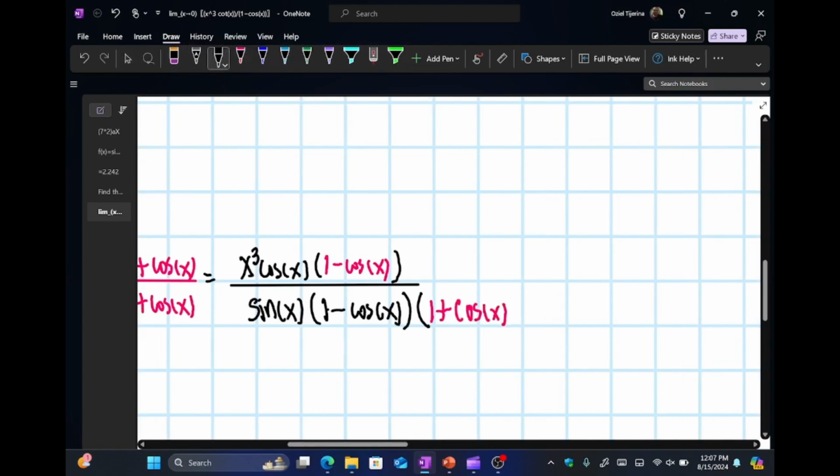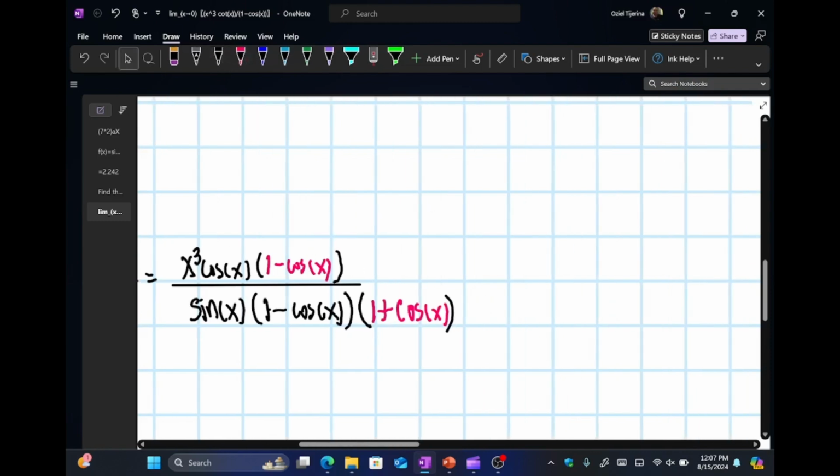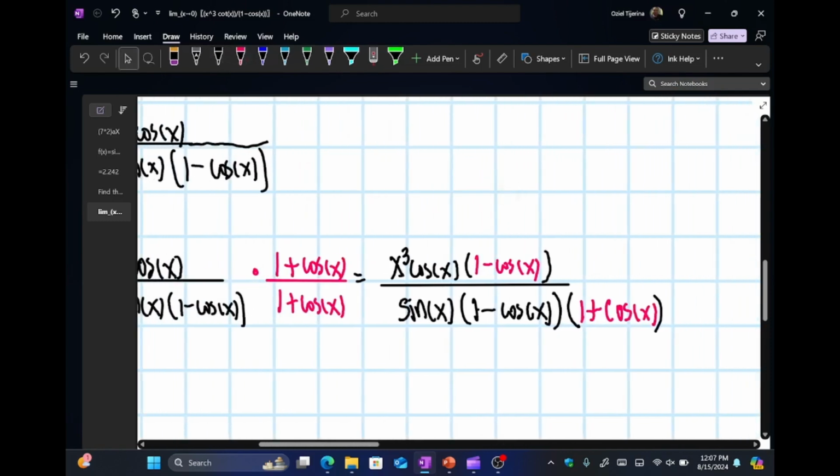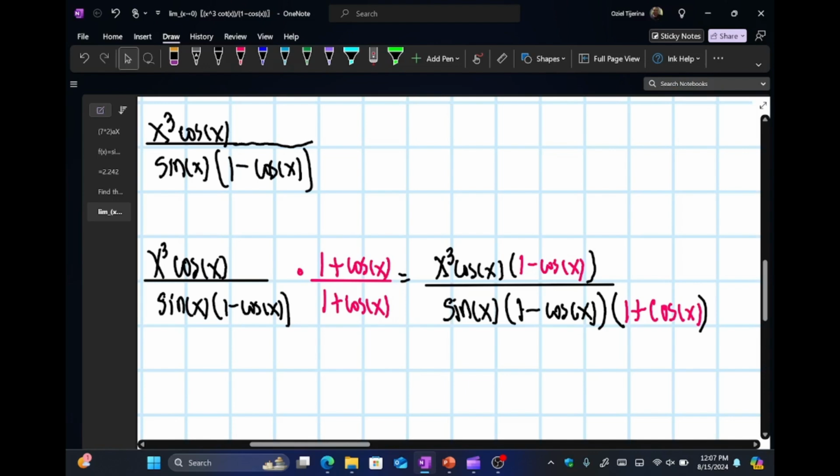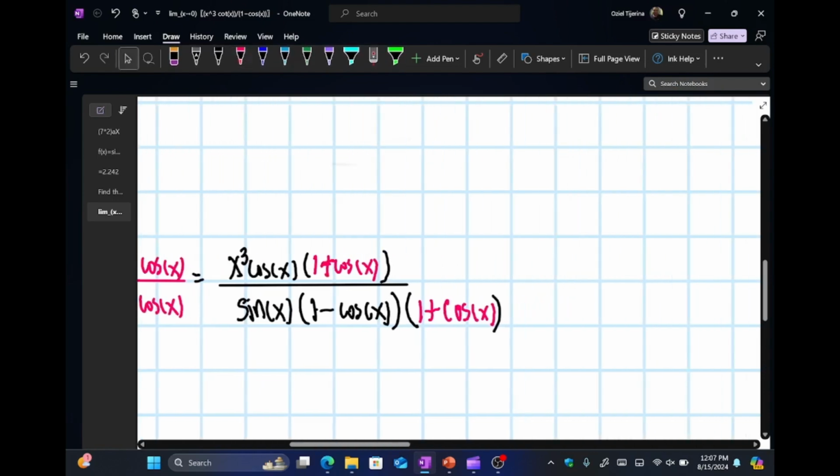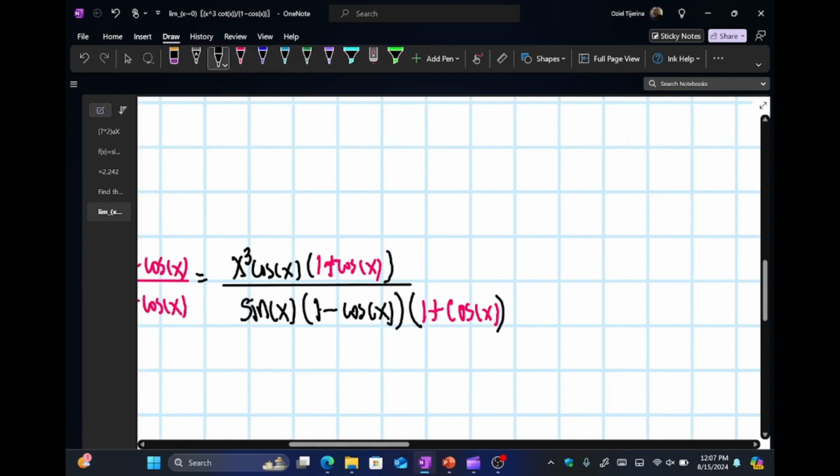Oh, and actually, I'm sorry, the top is supposed to be 1 plus cosine x. I almost messed up there.